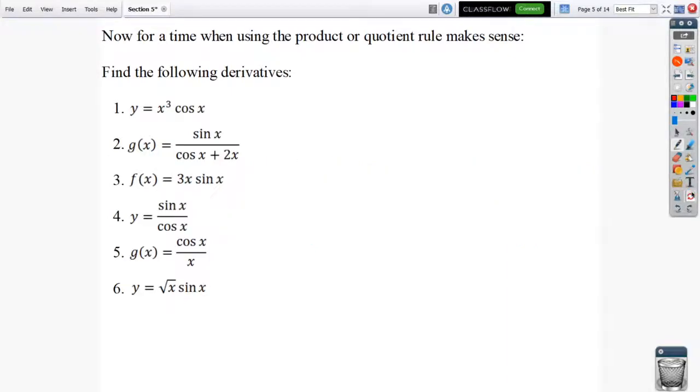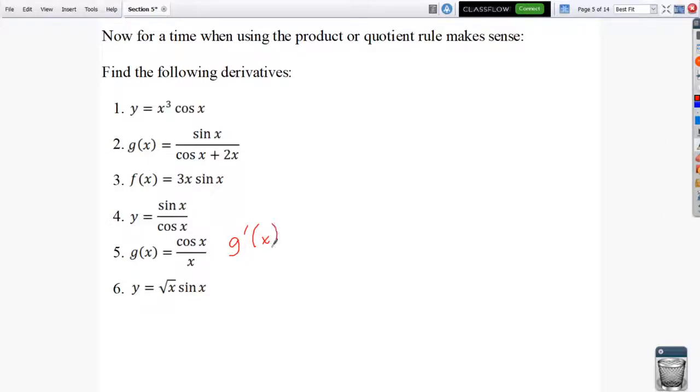Let's do these other two real quick. G prime on number 5 is going to be the, let's see if I can screw this up again, low d high x times negative sine x minus high d low over low low.